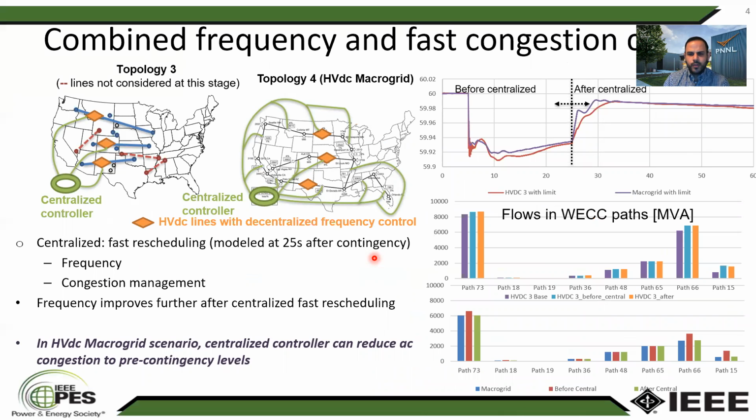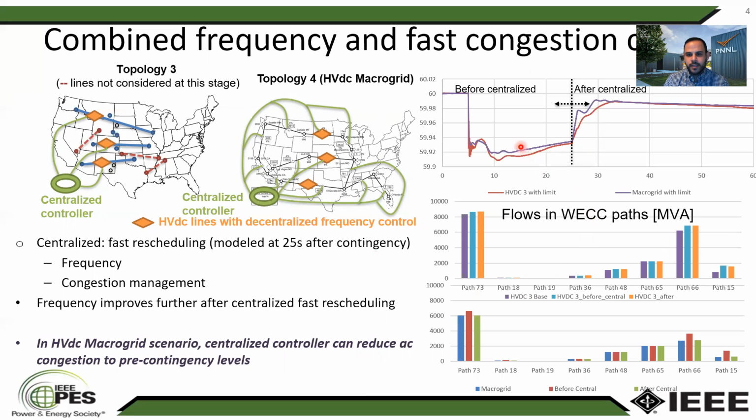The other thing that we took a look into is the congestion management. So on top of the frequency control, we wanted to implement a centralized controller. Here in this case, we consider that after 25 seconds of the contingency, we look at the power flow in these HVDC links, and we redispatch them based on a centralized controller to best support the system.